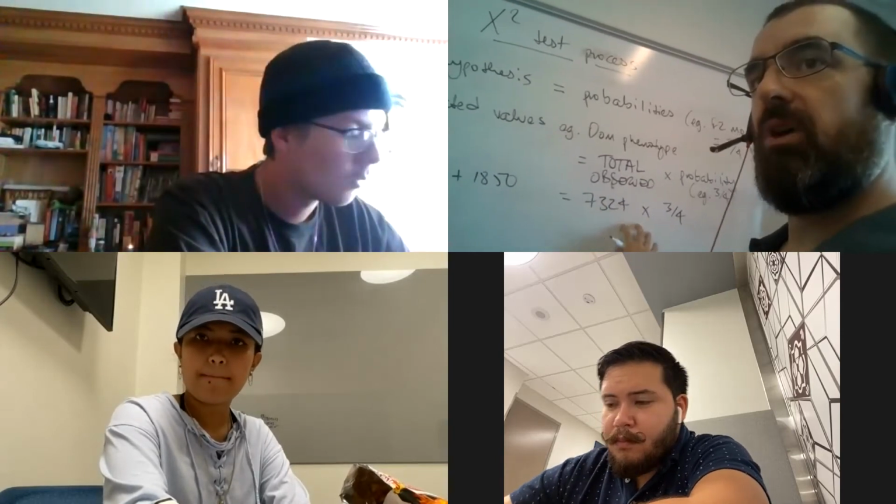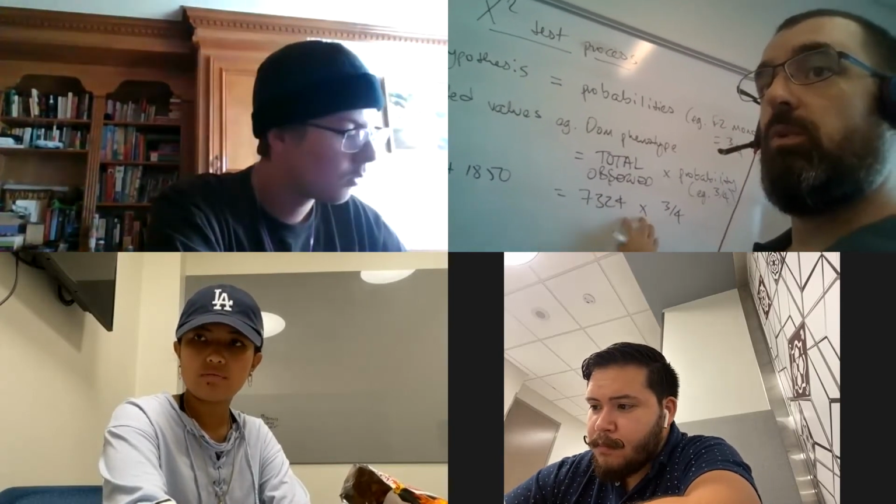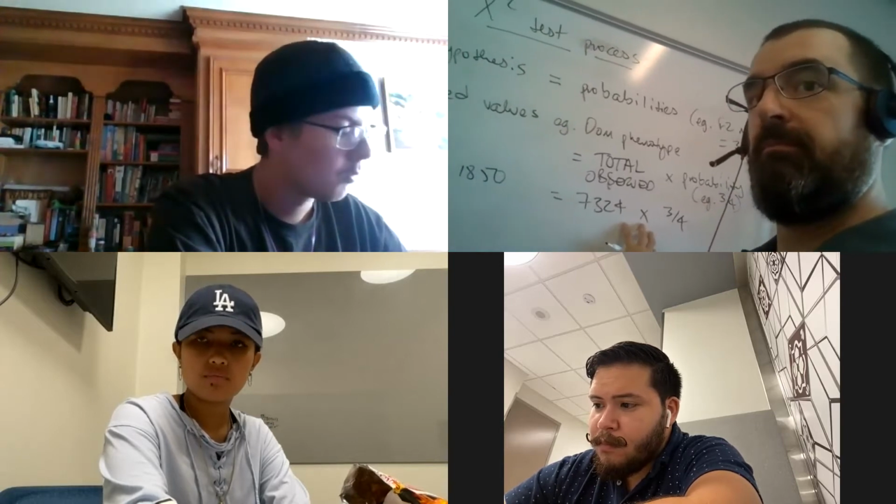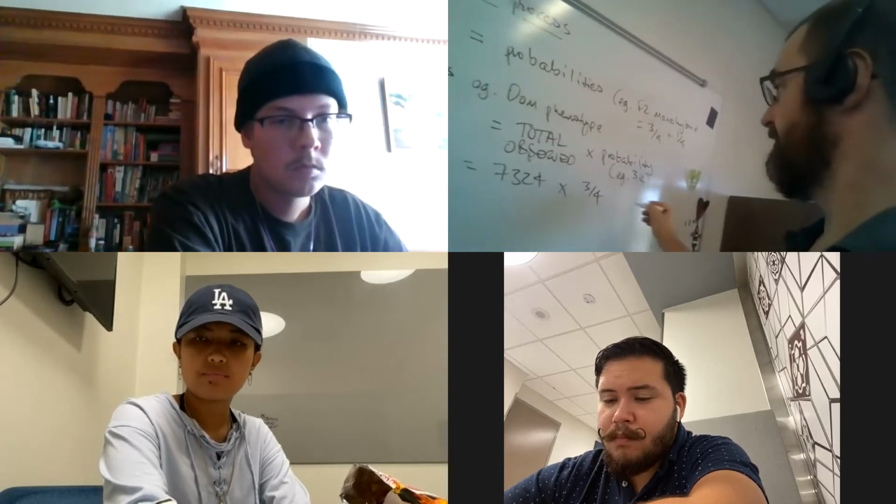Critical to get this right. Otherwise, your chi-squared test will be wrong. Guaranteed. Got to get the old calculator up because I can't do that just off the top of my head. 7324 times 0.75. It's 5493.